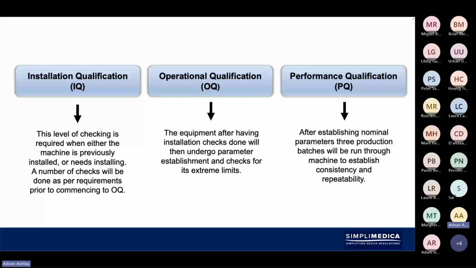And then once we've got a satisfactory OQ, we would then be moving on to PQ, the performance qualification. By this point, we should have established what the nominal parameters are. So you can look at it in this way, that the operational qualification actually does give you some opportunity to do some design of experiments, where you can run orthogonal arrays or other methods.